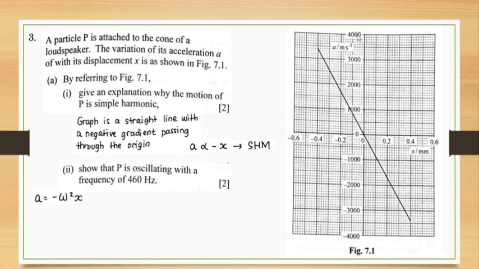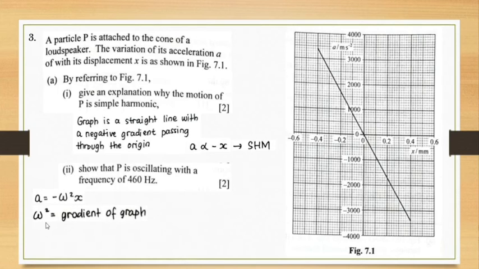If this is an acceleration against x graph, then this omega squared is equal to the gradient, because the gradient will be negative, and this is a against x. It is going through the origin. So this acts as the y-axis. So this is the gradient.